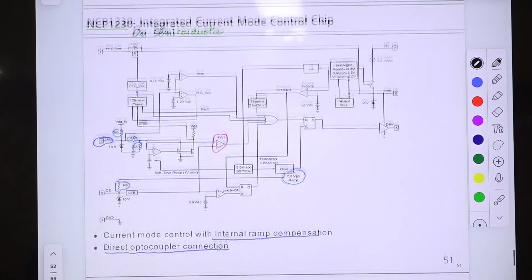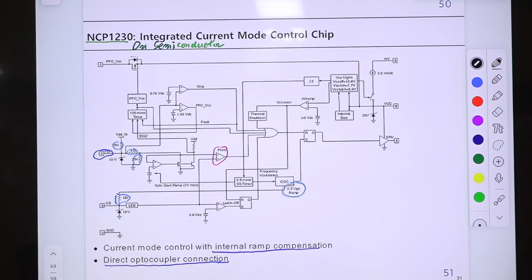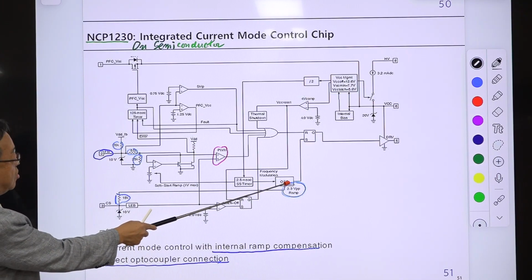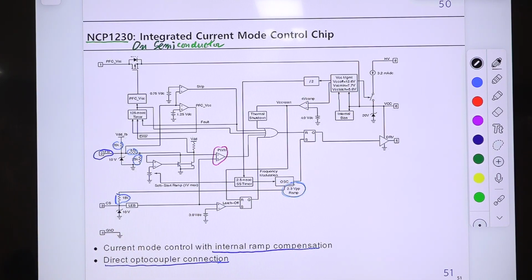Okay. And this one, NCP1230 from the ON Semiconductor company, is called an integrated current mode control chip. Inside of this, there is an oscillator generating a ramp signal, and this is the ramp signal, and the current path for this ramp signal is this one.